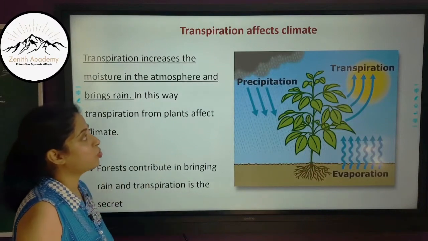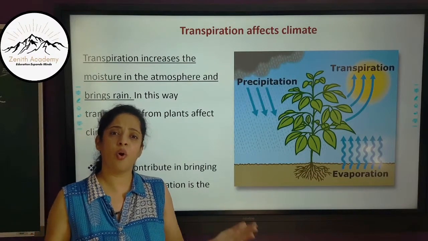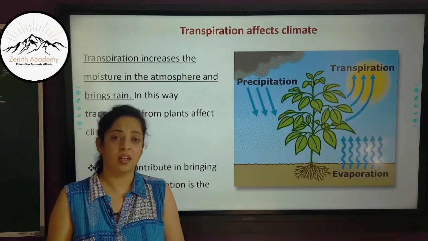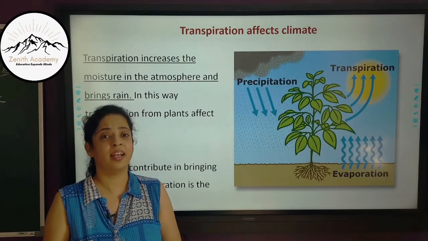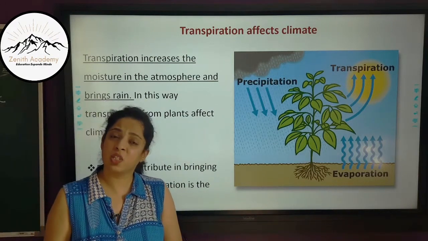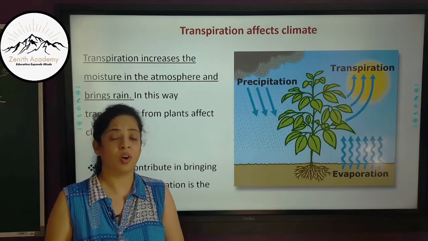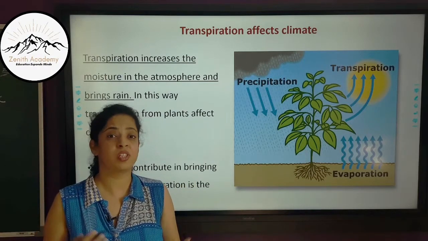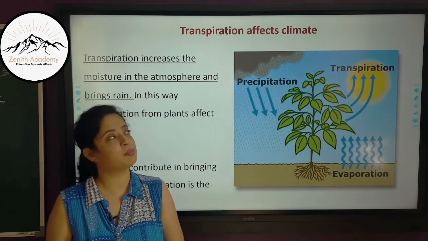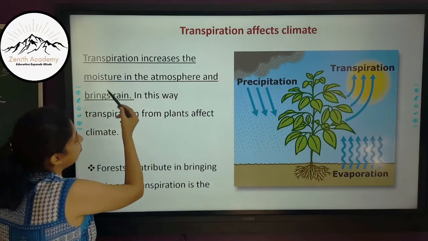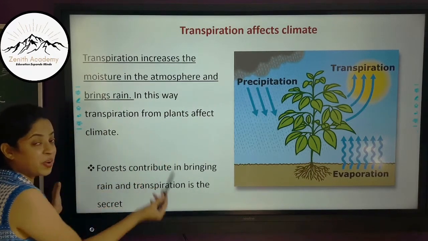Now, how does transpiration affect climate? We all know that there are large number of forests and trees on earth, and it helps in affecting the climate. That is why environmentalists all over the world have been requesting to save trees, because trees help in regulating the climate. Now, transpiration increases the moisture in the atmosphere and brings rain.